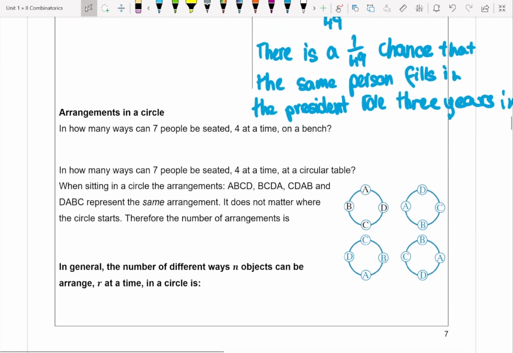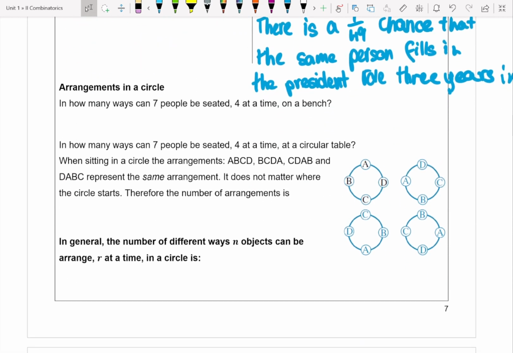Okay. The other way we can look at arranging with this idea of permutations is arrangements in a circle. So in how many ways can 7 people be seated 4 at a time on a bench? This is just like everything that we've been looking at.